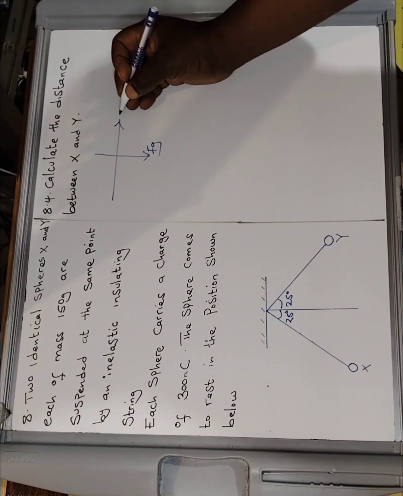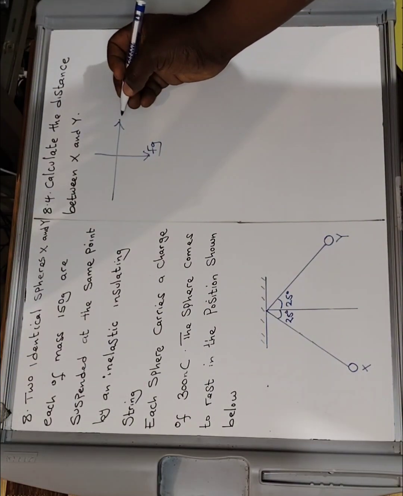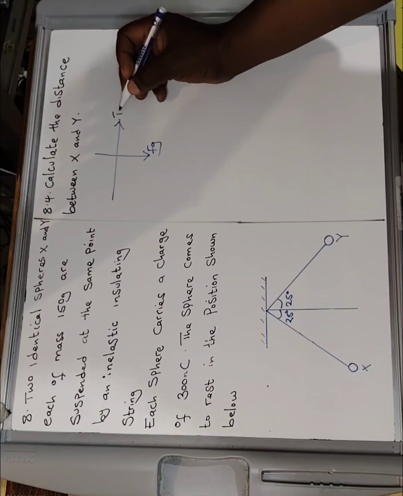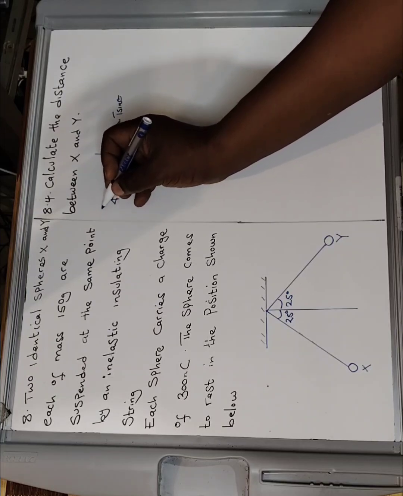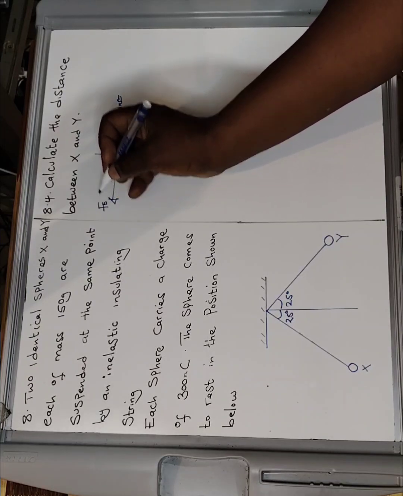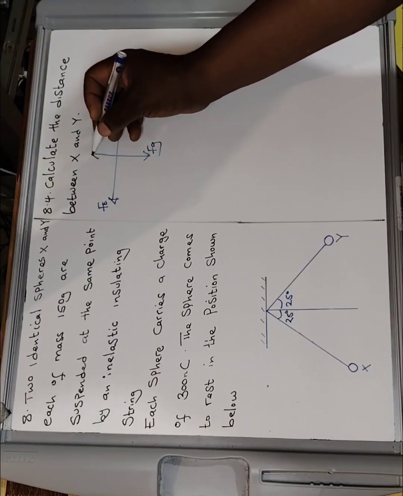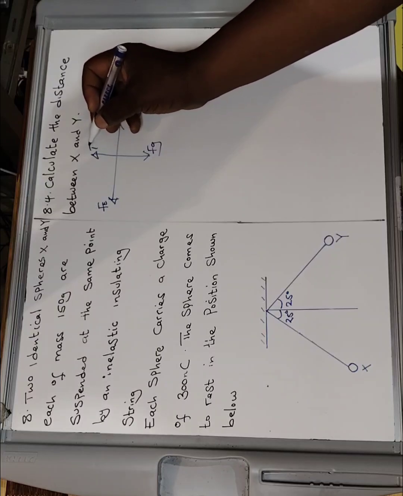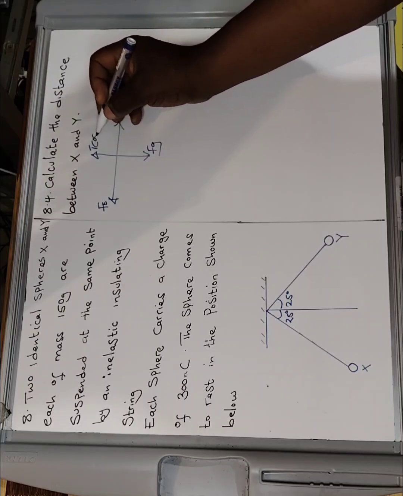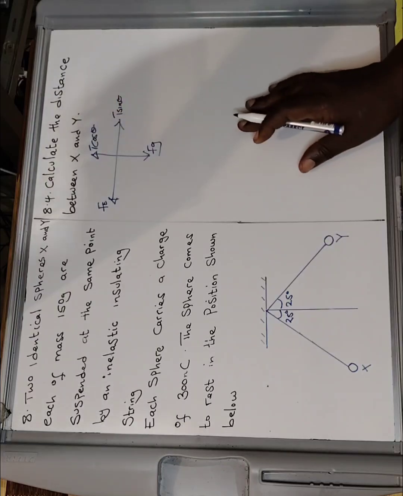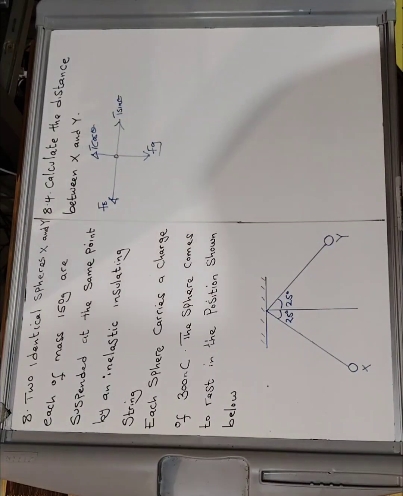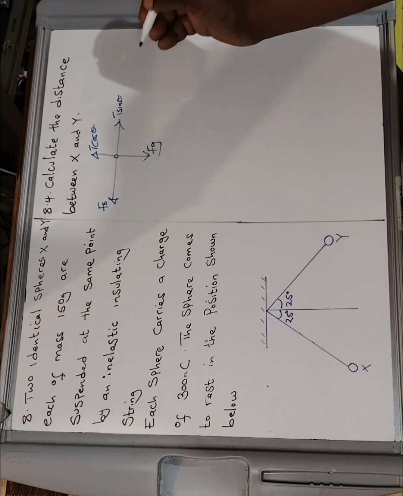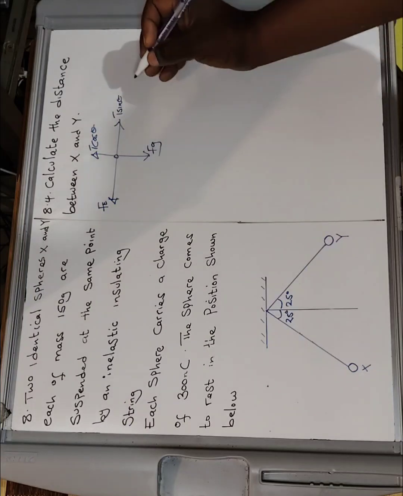This one happens to be T sine theta. This one happens to be the electrostatic force, and this one happens to be T cos theta for X. So remember, we also have T.